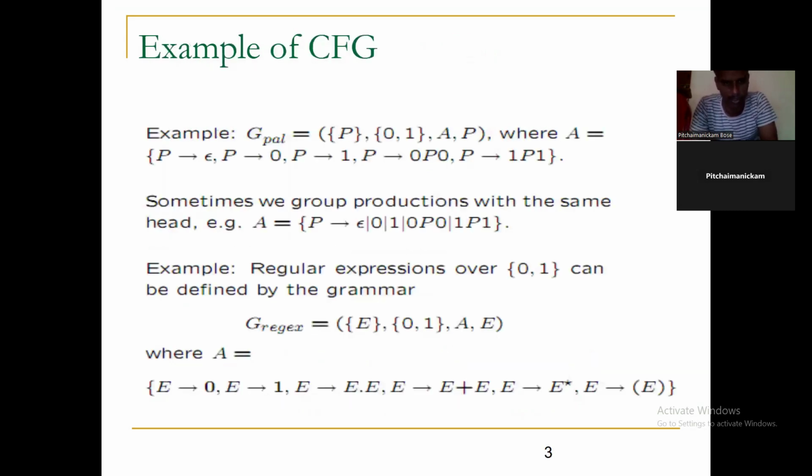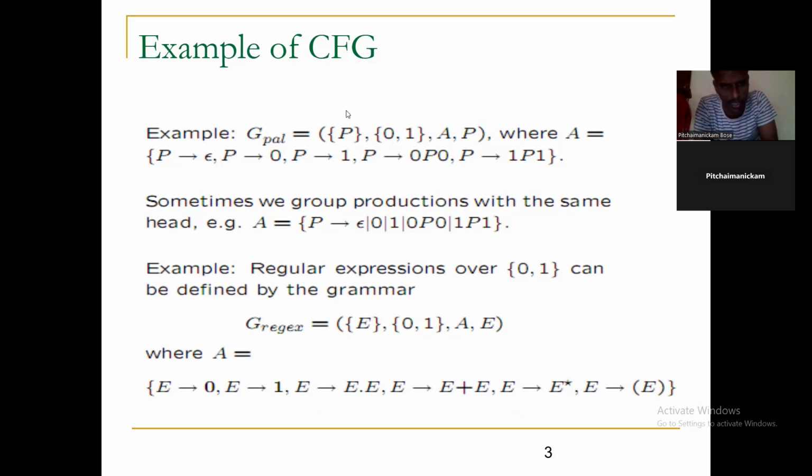Another thing: suppose you want to design one example of a context-free grammar, for example a palindrome. That is, G of palindrome is represented in terms of variable, terminal, production, and start symbol.